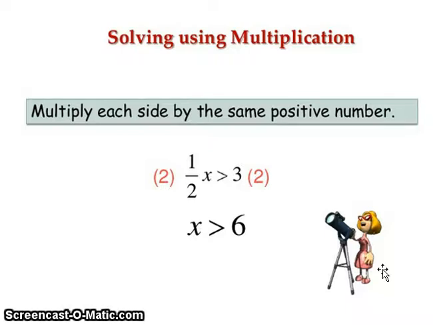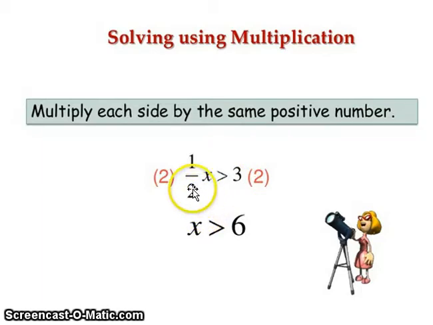Similar thought pattern here, meaning that we need to isolate the variable once again. So we also need to isolate the variable by doing an inverse operation. So as you can see, we have 1 over 2, or 1 divided by 2, x is greater than 3.